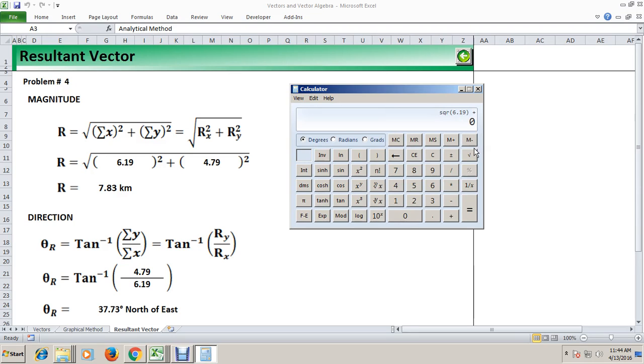Okay, so this would be 22.9441, and we get the square root. Okay, so let me clear the screen first. Okay, so this is 22.9441 and square root.